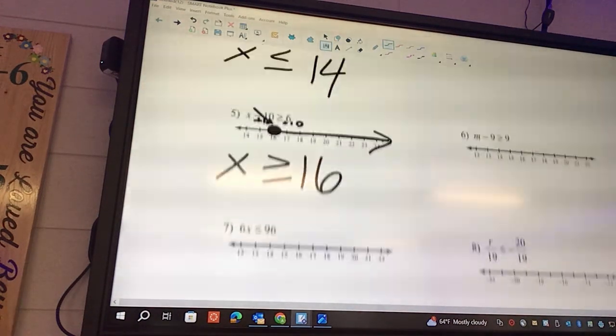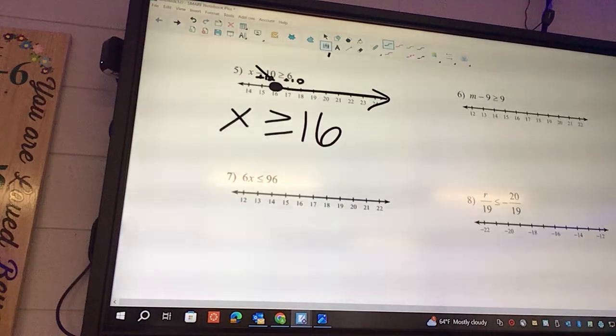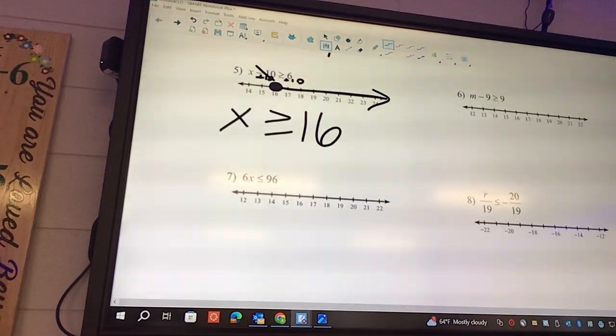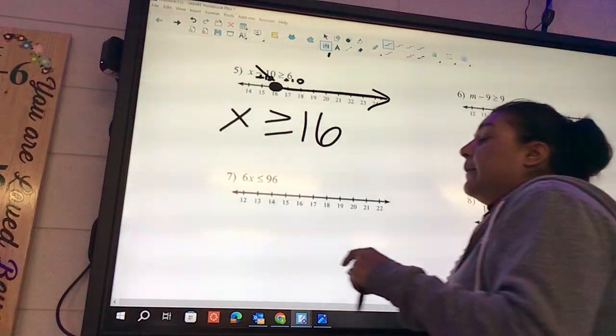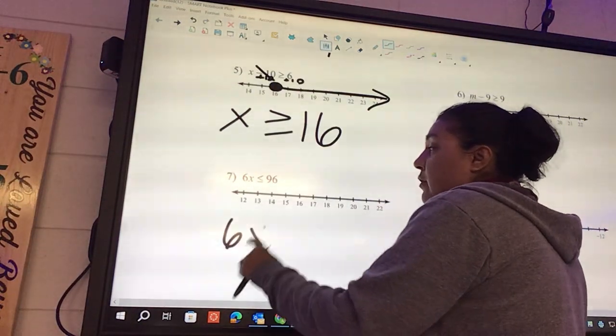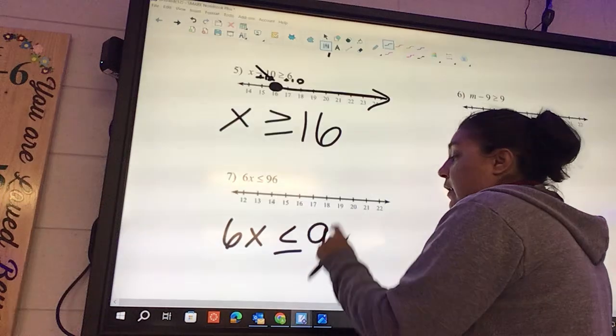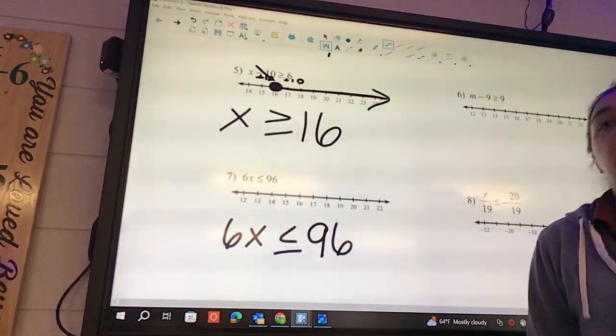Okay, and here's where the rules start to change a little bit. This is just a rule you have to have memorized in your brain. If you multiply or divide by a negative number, not like it's already negative, but you multiply or divide by a negative number, you have to flip the sign. Like, don't write this down, but how are we going to solve this one?